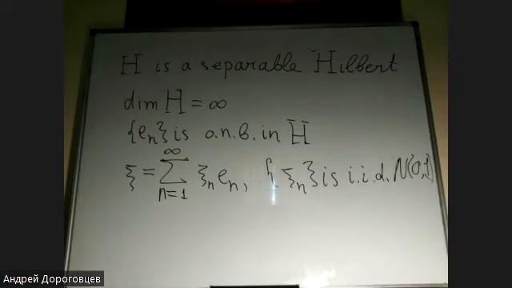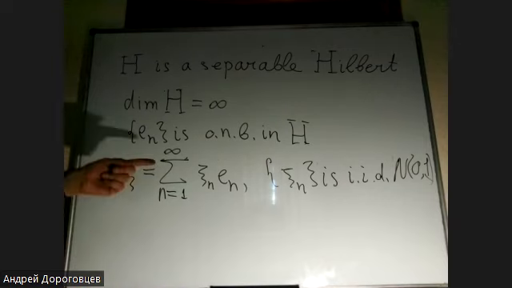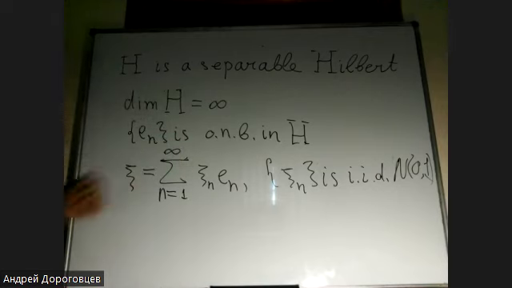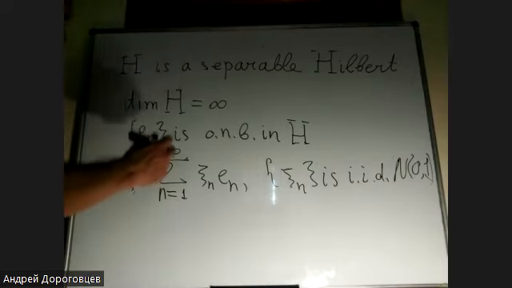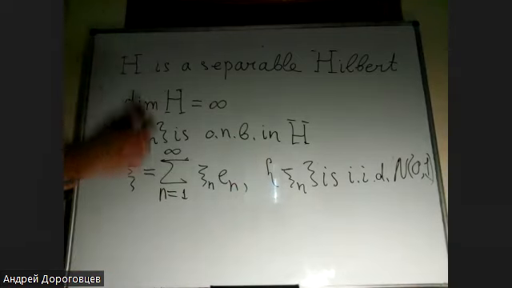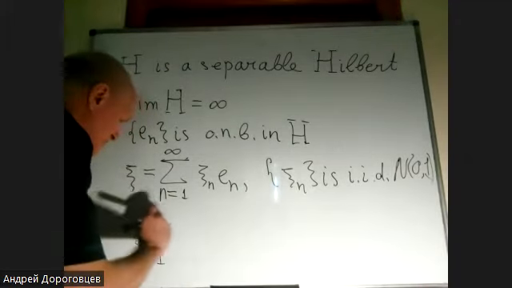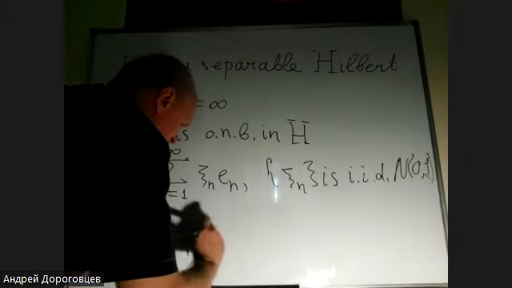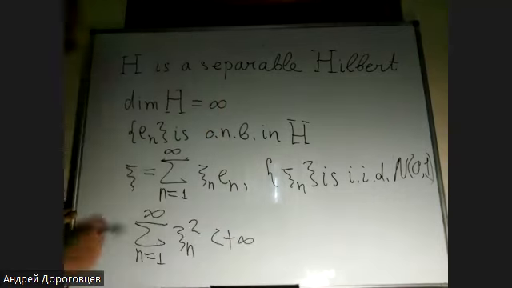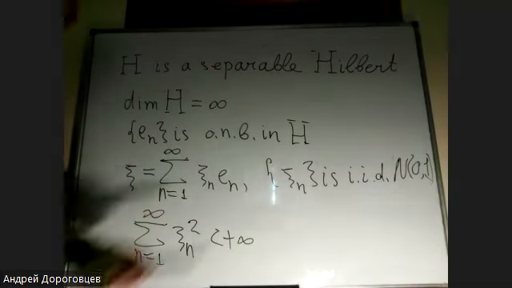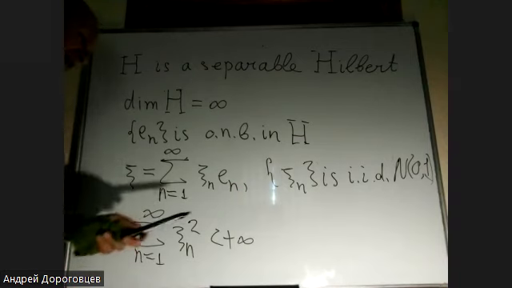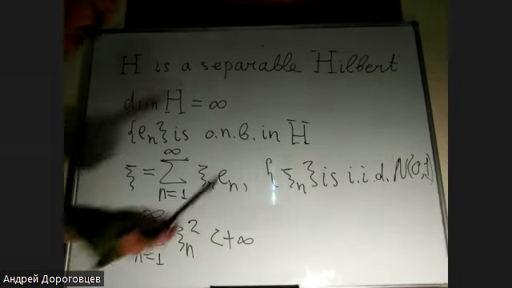And then the first question which we have to answer is the following. Do we have a really convergent series? Let us try to understand this. We understand that this series converges if and only if the sum from n equals 1 to infinity of psi_n squared is less than infinity. But you see, they are independent and IID having a non-trivial distribution.